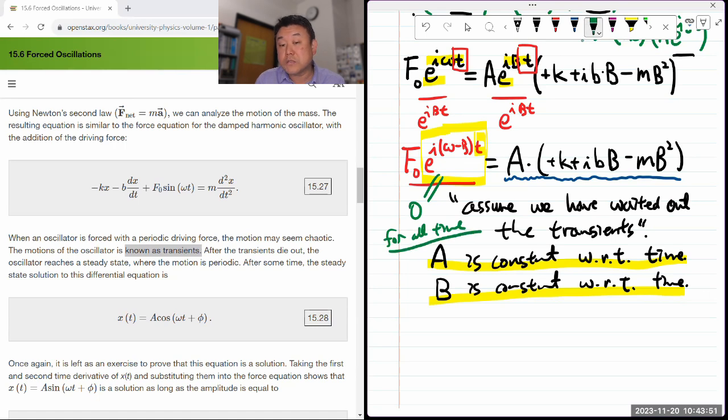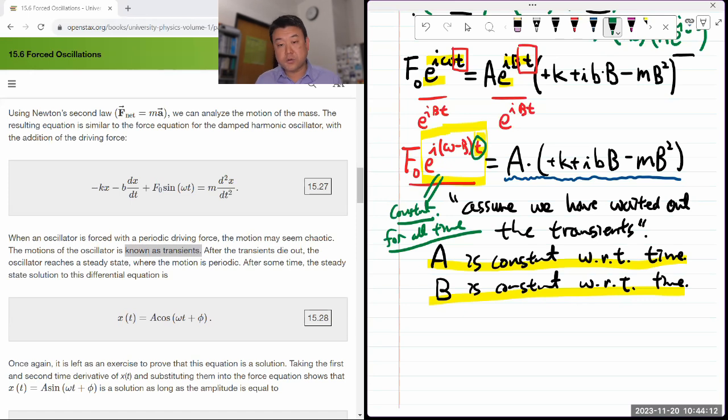Somehow this expression has to be a constant for all time. I guess it's not 0 for all time, it's a constant for all time. And how do you make this time dependence go away?